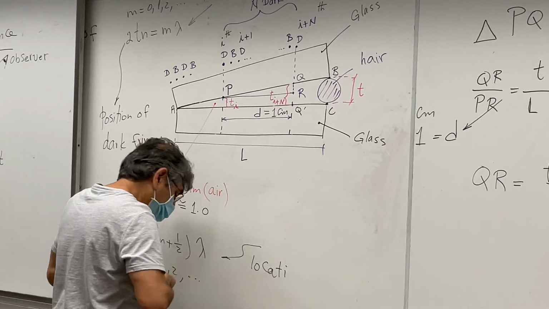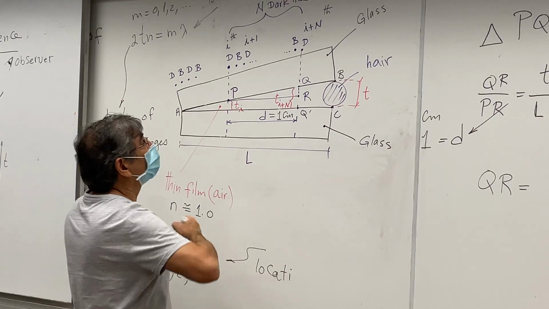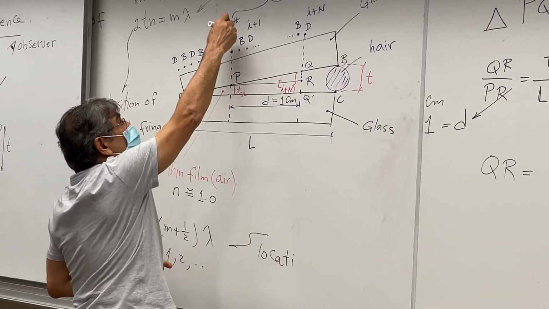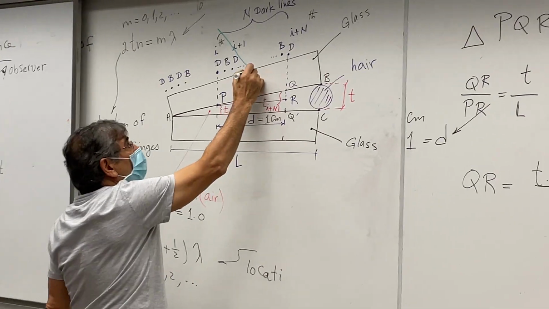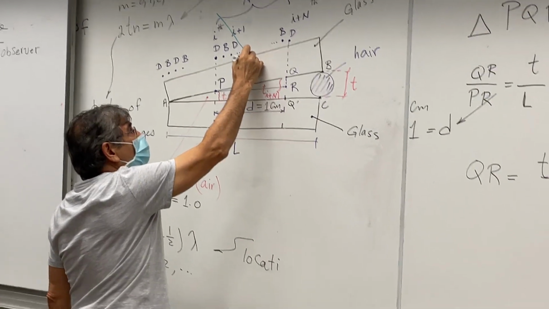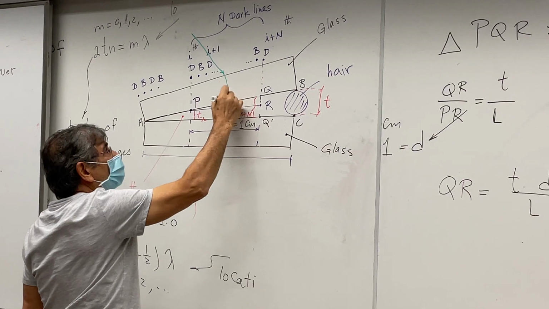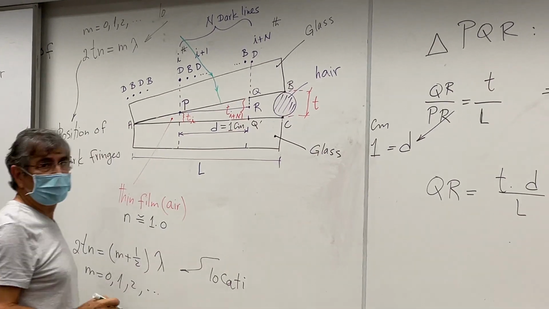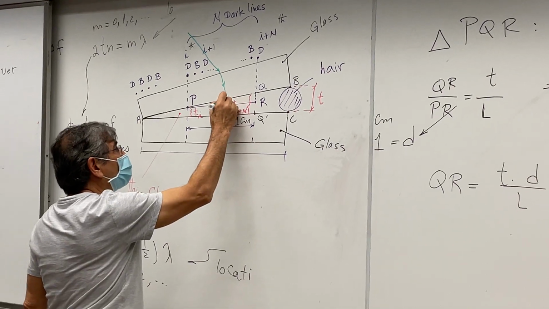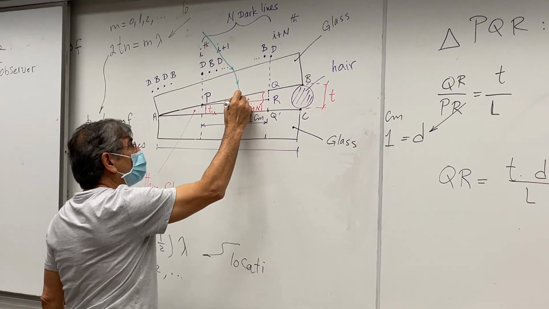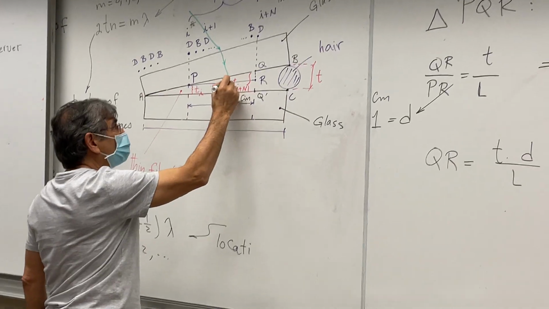I'm going to draw it in a different color, let's say with green. So let's say that in general, a ray comes in here, and it is going into the glass like this, and then goes into the air. So it's going to go away from the normal, and so it's going to go, let's say, in that direction.